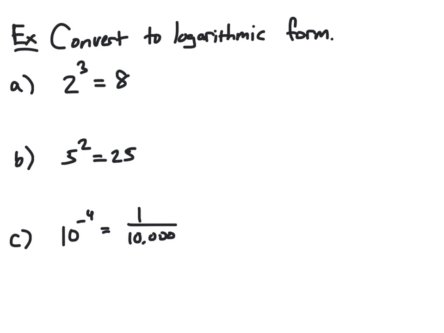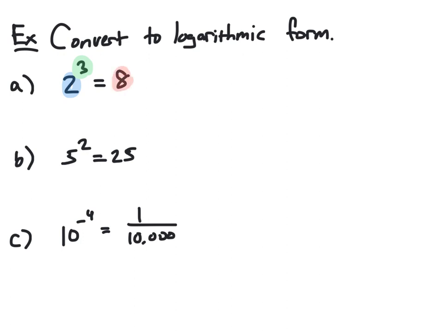In this example, we want to do the exact opposite of what we did in the previous example. We want to convert these exponential forms to logarithmic forms. Again, we're going to use the same correspondence that we used, just in the opposite direction. For part A, we want to convert 2 cubed equals 8. So this has a base of 2, an exponent of 3, and a value of 8.